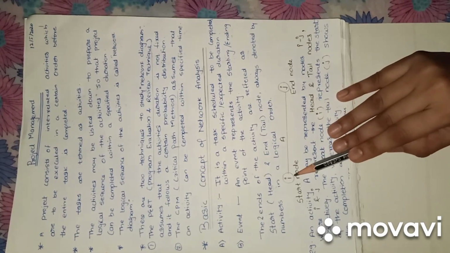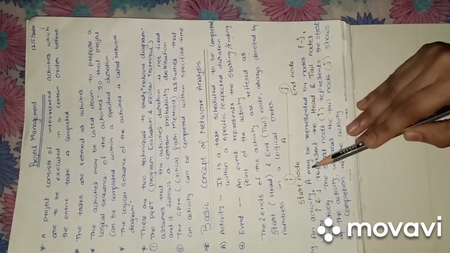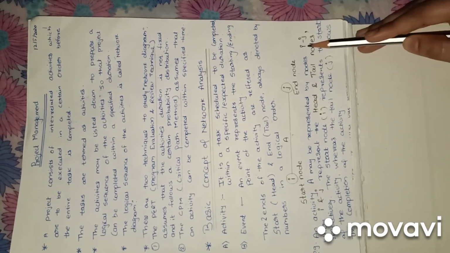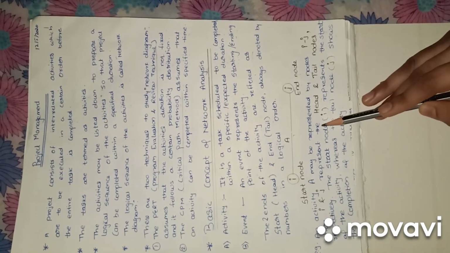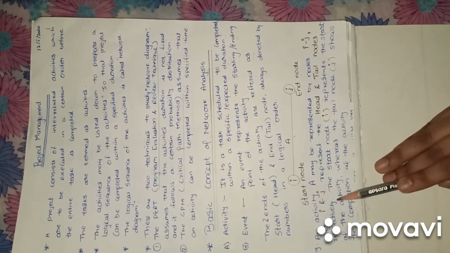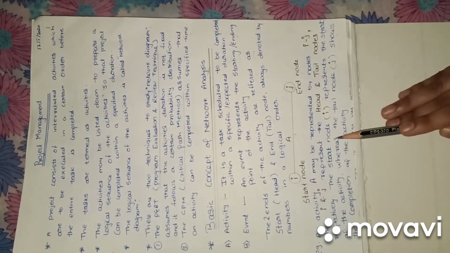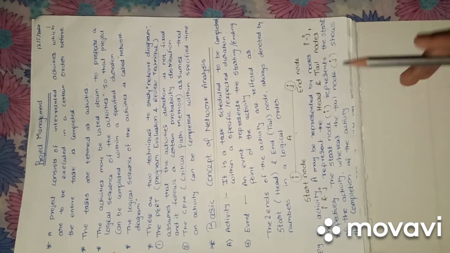I means start node and J means end node. For example, an activity A may be represented by nodes I and J, where I and J represent the head and tail nodes respectively. The start node I represents the start of the activity, whereas the tail node J shows the completion of the activity.